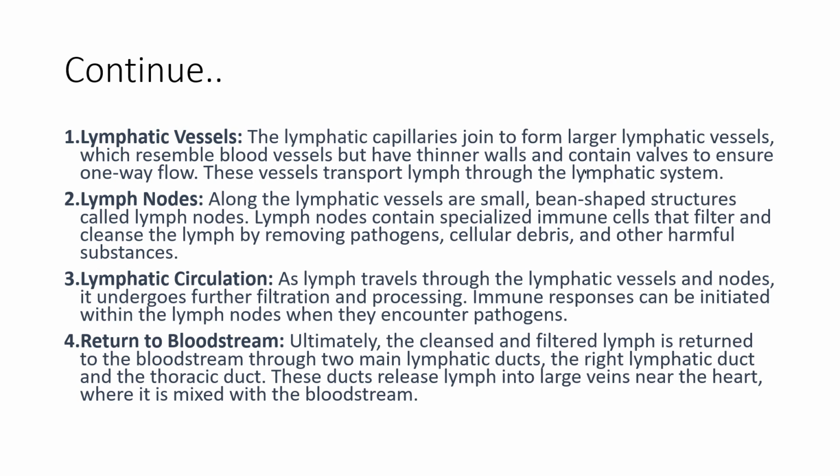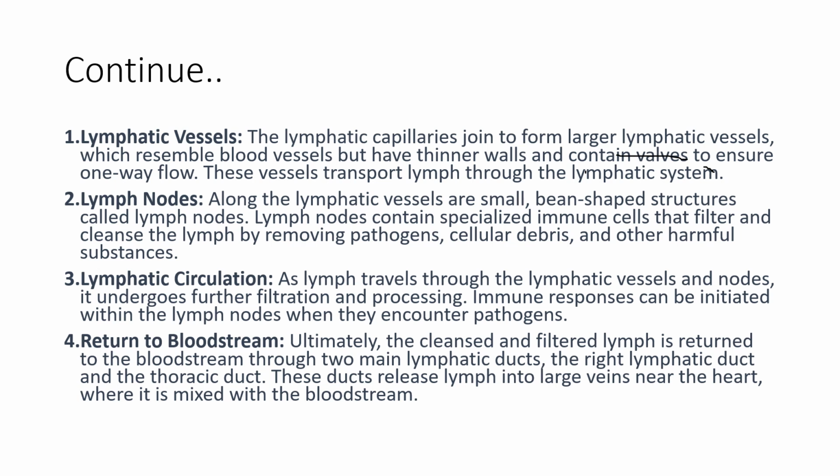Very important, guys. A valve is a mechanical barrier by which any substance flowing cannot come back. That is called the valve, to ensure one-way flow. These vessels transport lymph through the lymphatic system.